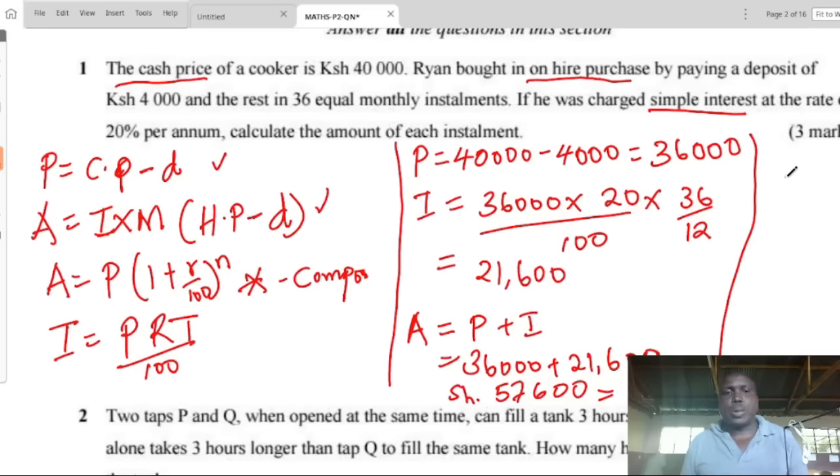So now to get each month, it is simply 57,600 divided by 36, and that will give you each month, which is 1,600 shillings.